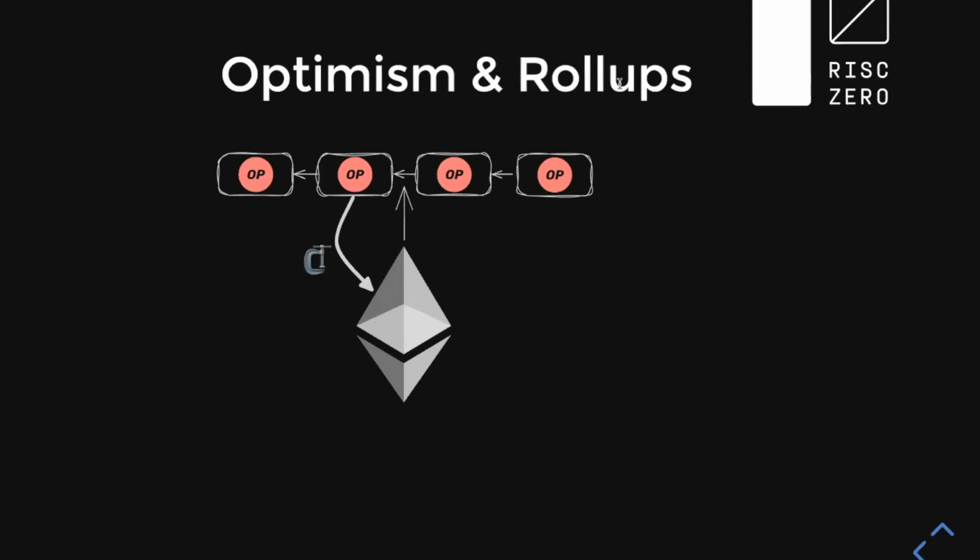You start up a completely new chain with its own consensus and its own rules, and you just have bridges enabled that make it possible to transfer funds from Ethereum, from layer 1, to, let's say, the Optimism chain, layer 2.